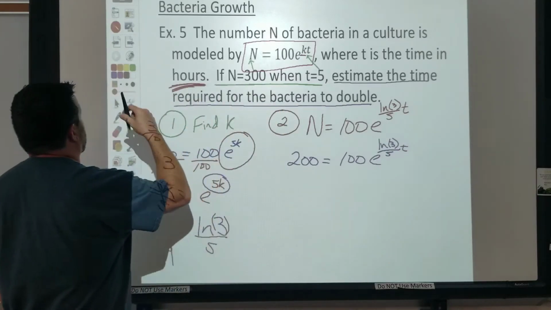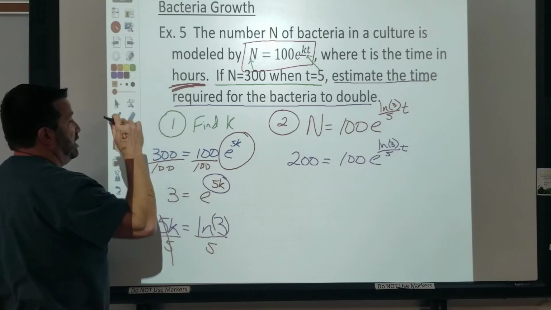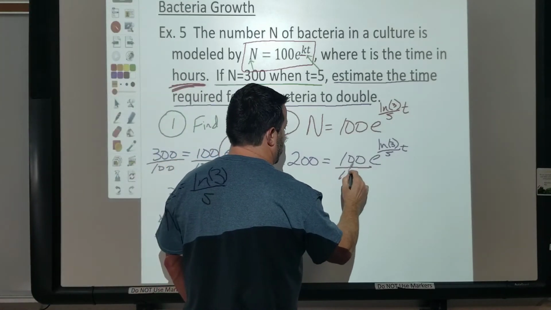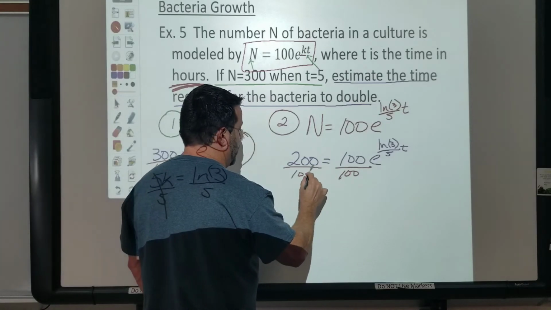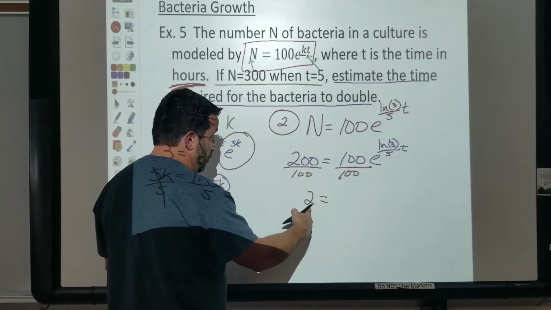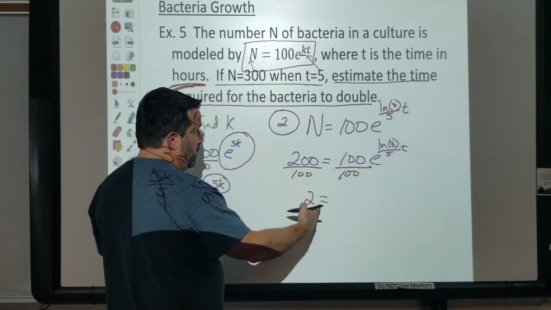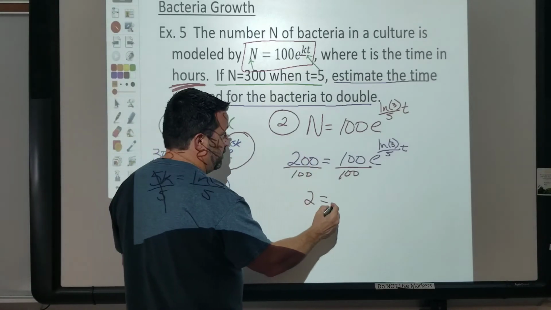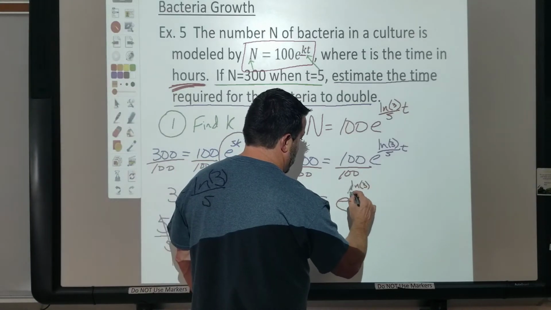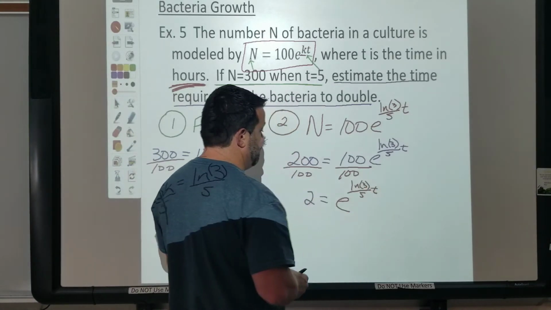This part is kind of similar to the interest problems where we wanted to double our money or quadruple our money. The first thing I'm going to do is divide by this 100, and you'll notice this side becomes 2, which is not a coincidence that we're doubling, and that's a 2. If I was trying to triple it, that would be a 3 there. So then I have e to the natural log of 3 divided by 5 times t.